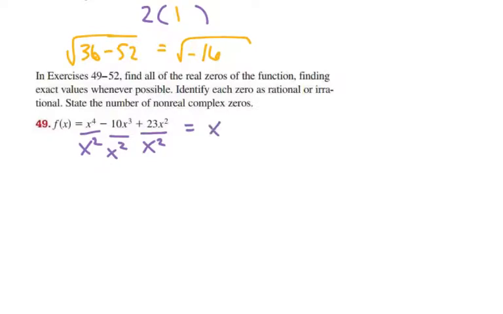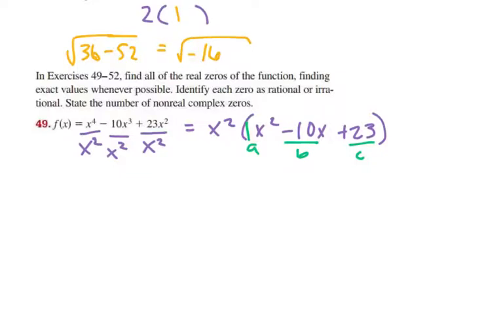So we'll have x squared, but then our leftovers of x squared minus 10x plus 23. And 23 is prime, so we can't find numbers that multiply to be 23 and add to be negative 10. So we're going to have to do the quadratic equation again with an a of 1, a b of negative 10, and a c of 23.